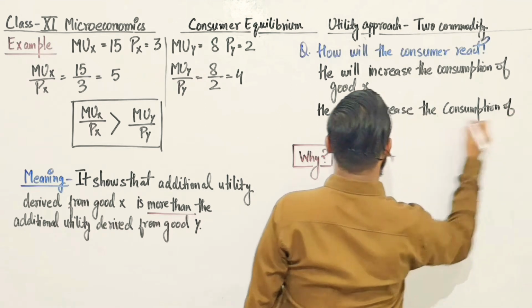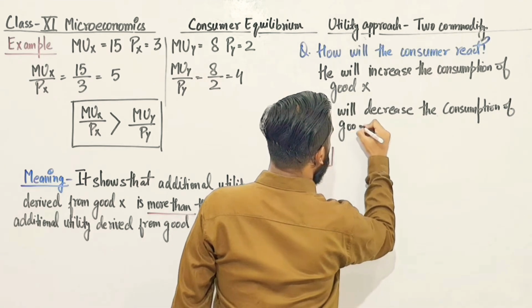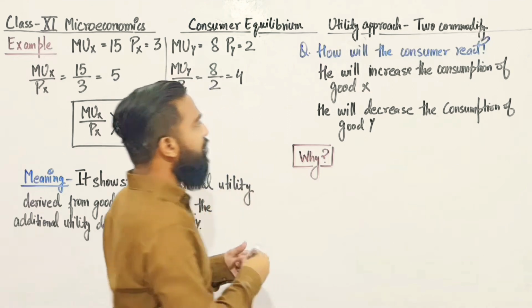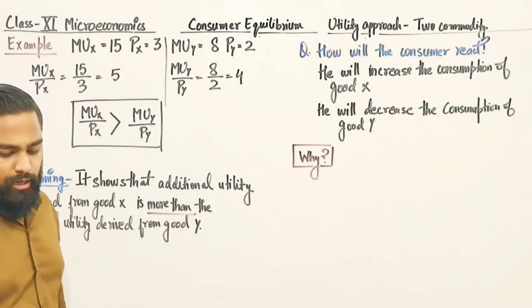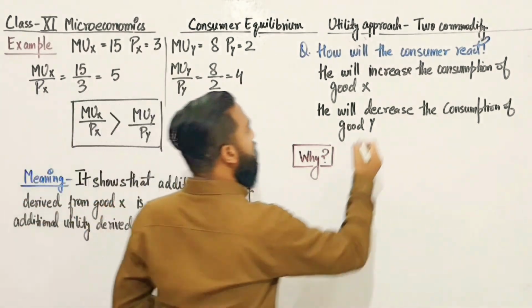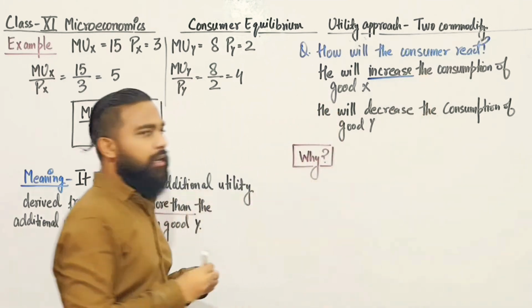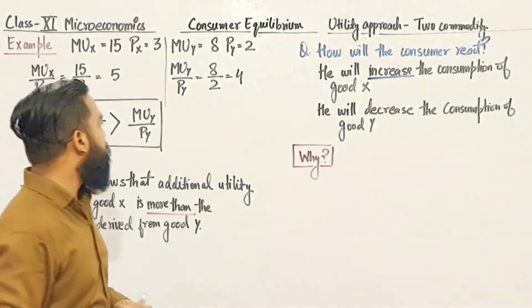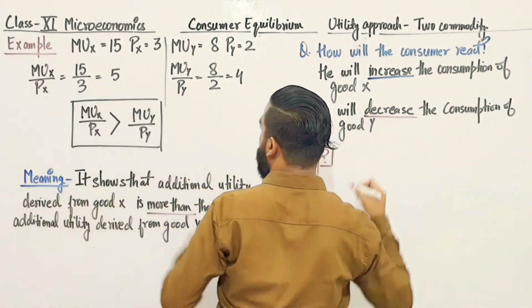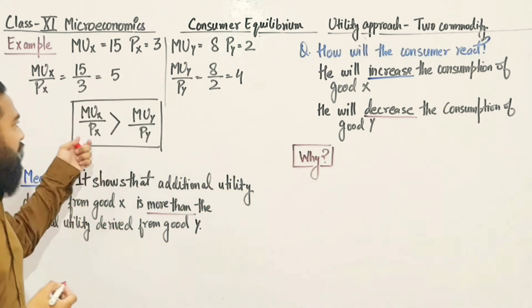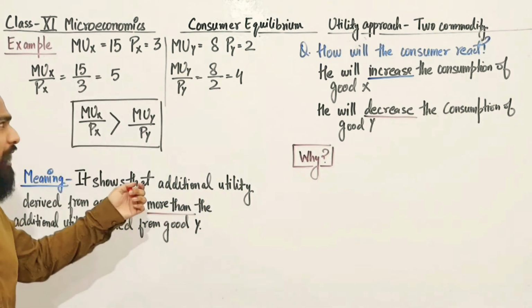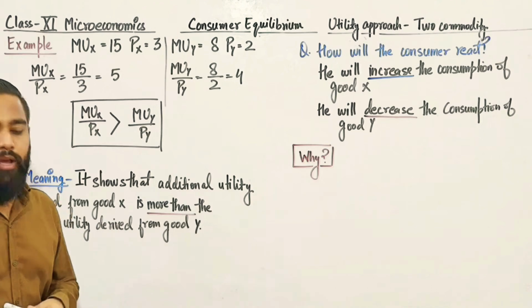So these are the two reactions which a consumer can give in the situation when the MUX upon PX is more than the MUY upon PY.